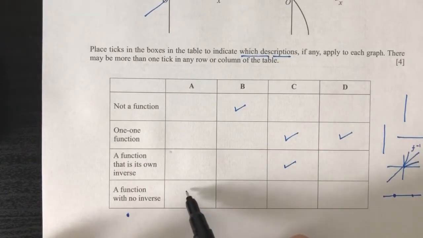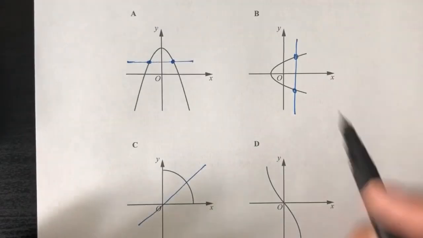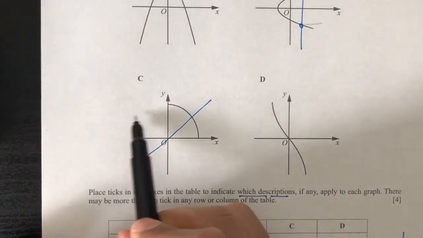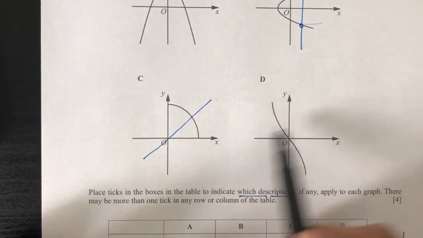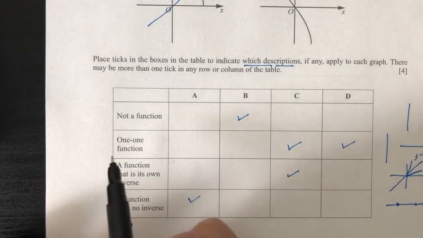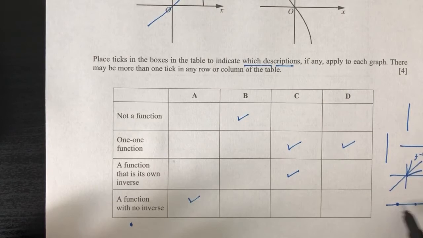So this one does not have an inverse. So A. And let's check this one. This one, only 1 place, doesn't count. Only 1 place, only 1 place. So only one here has no inverse, because when you draw a horizontal line, it cuts the curve at 2 places. So that will be question number 3.